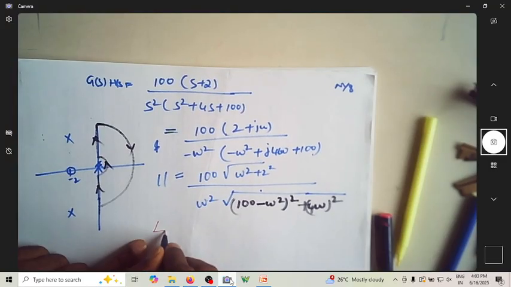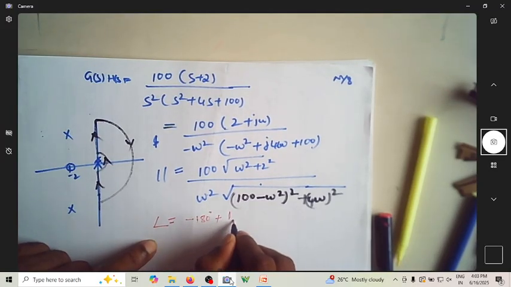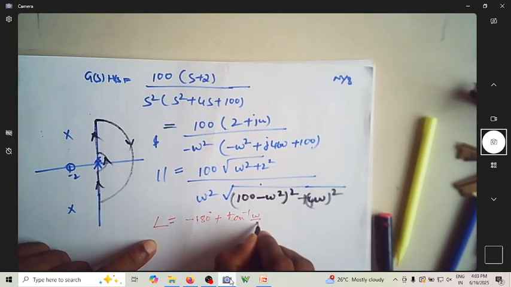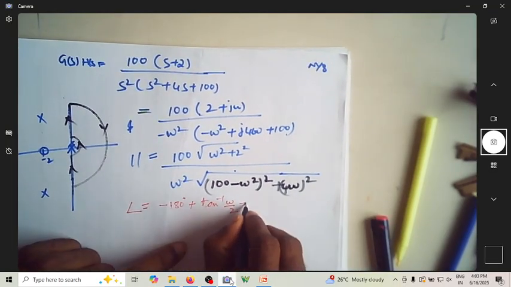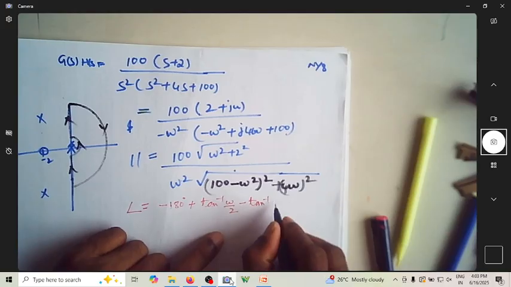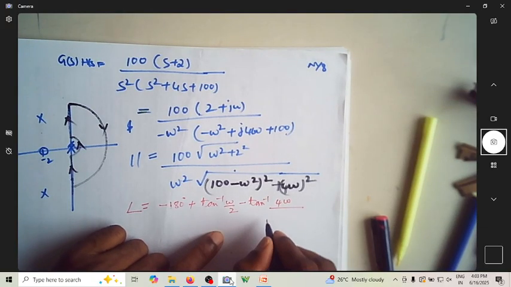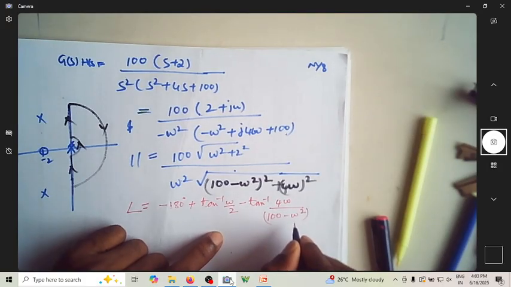When it comes to phase angle, it is minus 180 degree plus of tan inverse of omega by 2 minus of tan inverse of 4 omega divided by 100 minus omega square. This is for all values of omega between 0 and 10.